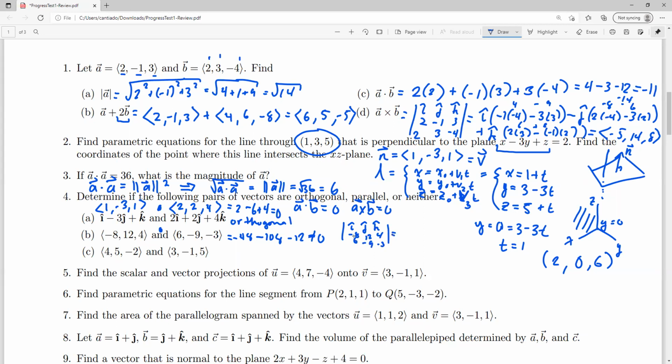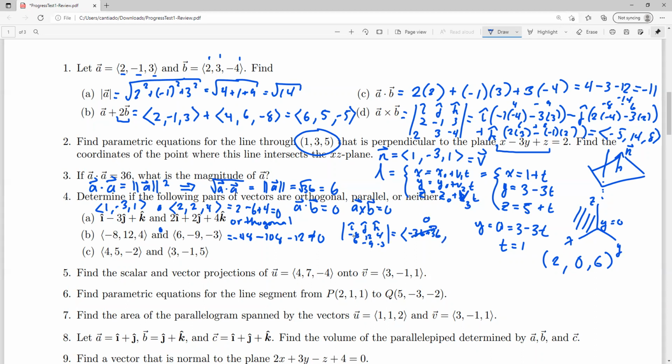You should get, let's see, 12 times negative 3 is negative 36, minus negative 9 times 4, that's negative 36 again. So minus negative is plus 36, so that's going to be 0.